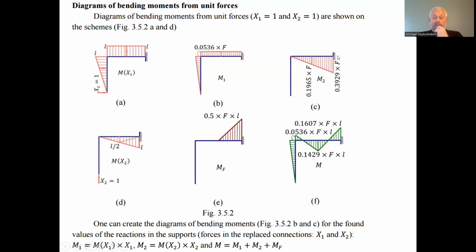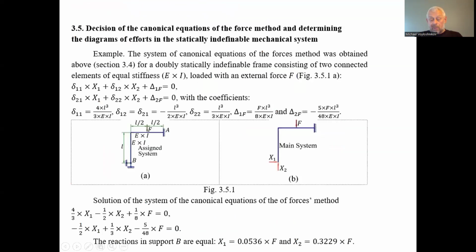And for the second one, we have to consider that on the left point in the corner, the magnitude of the bending moment diagram from the external force is 0. The magnitude of the bending moment diagram from the second force, which we corrected a little bit, is 0.3929, not as indicated here.